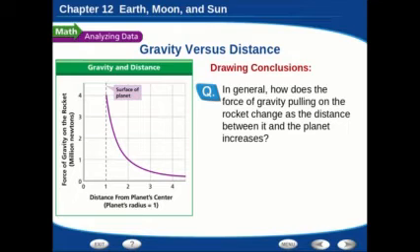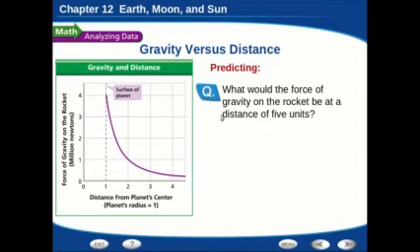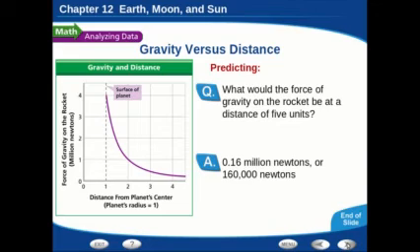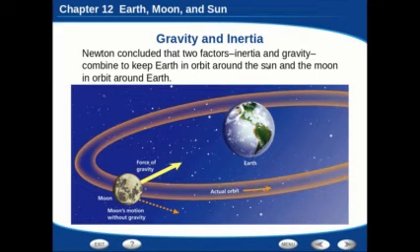How does the force change? Good, it decreases, right? The force decreases as you get further away. And you can see that expressed by this data. What would the force of gravity on the rocket be at a distance of 5 units? We already did that one. Good.